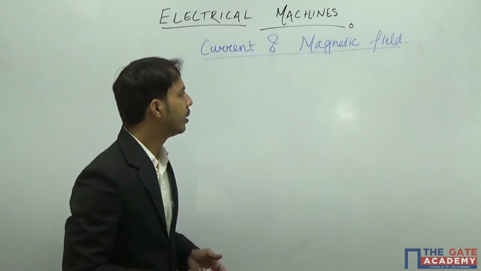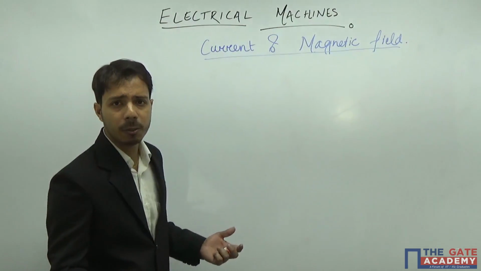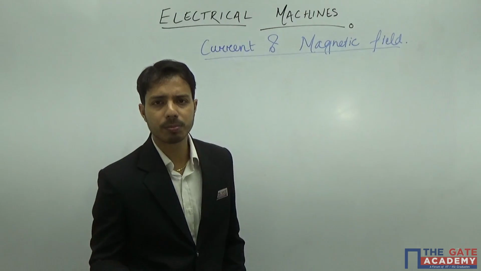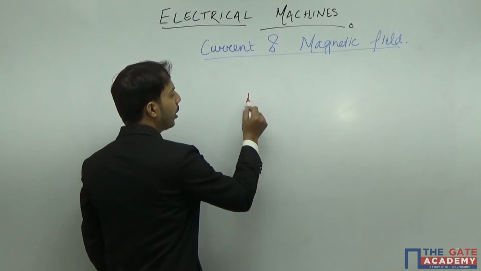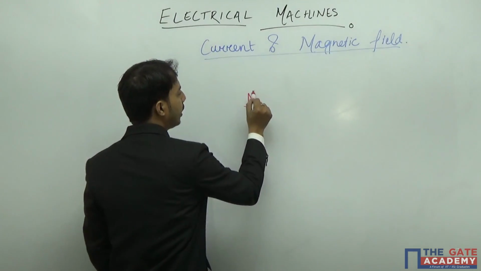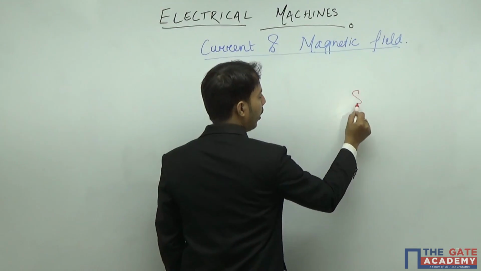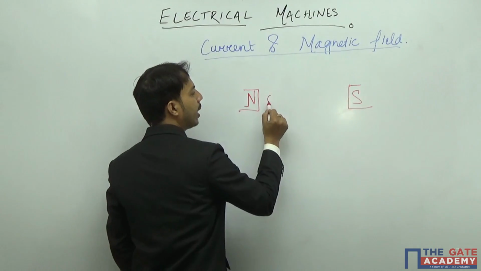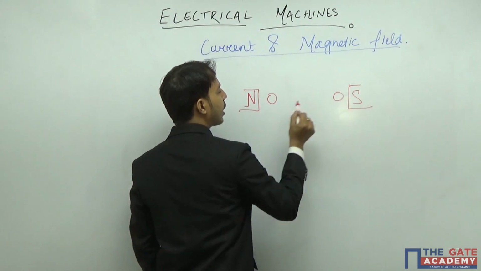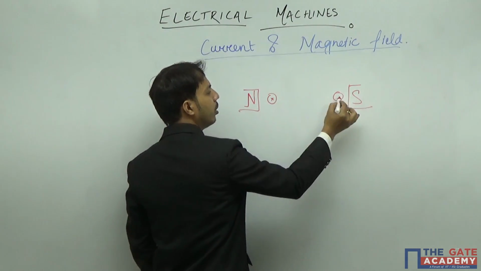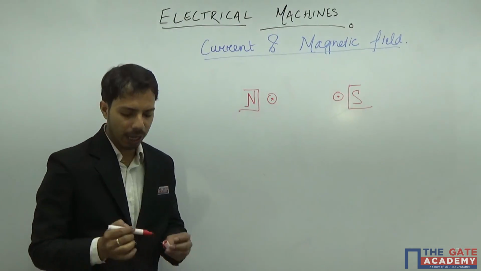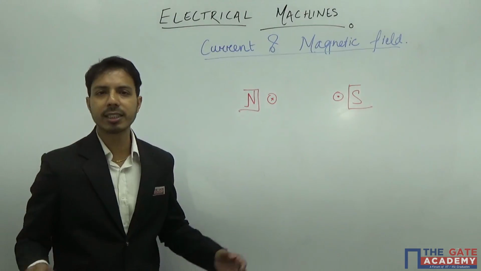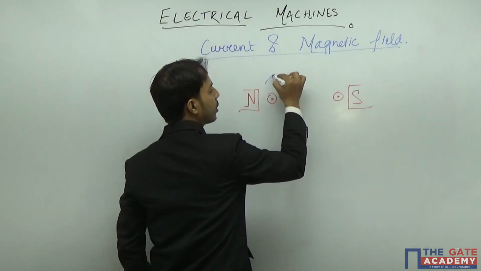And this is what happens in a motor. Let us take an example of a DC motor. In a motor, there will be a north pole and a south pole, and conductors will be there with the current direction in such a way. I expect that this conductor rotates.